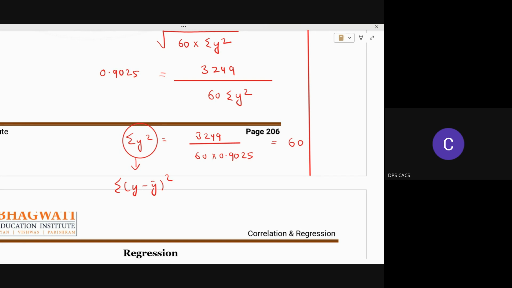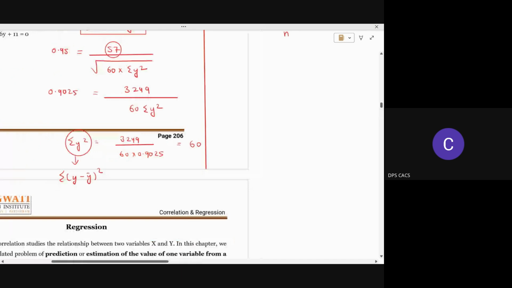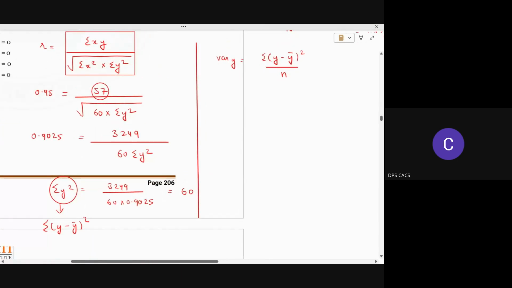And now if I come to the variance formula, then in this formula 20 by 3 on the left, 60 on the right, divided by what? N. And what is the value of n?